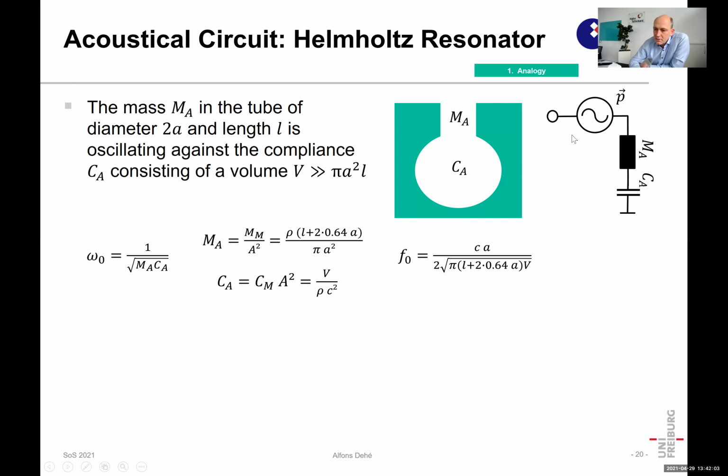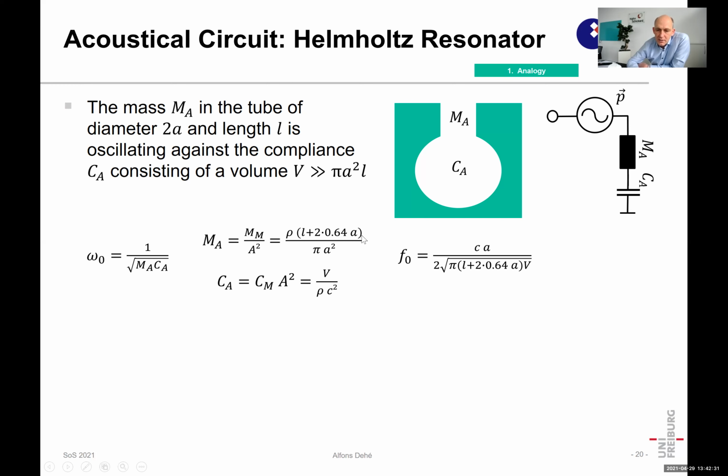This is a resonating circuit, and the resonance frequency can be derived in the simple formulation of the LC situation. If we transfer this back into the acoustical domain, we can use MA and CA instead of L and C in the electric domain. So we have the resonance frequency in this formulation here for the acoustics.